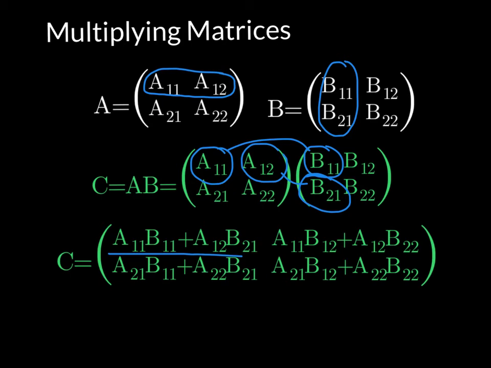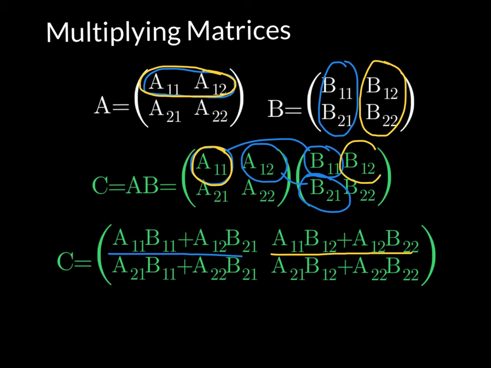Let's look at how we get element C12, underlined here in yellow. We get this by combining the first row of matrix A with the second column of matrix B. So we have A11 multiplied by B12, and that's added to A12 multiplied by B22.